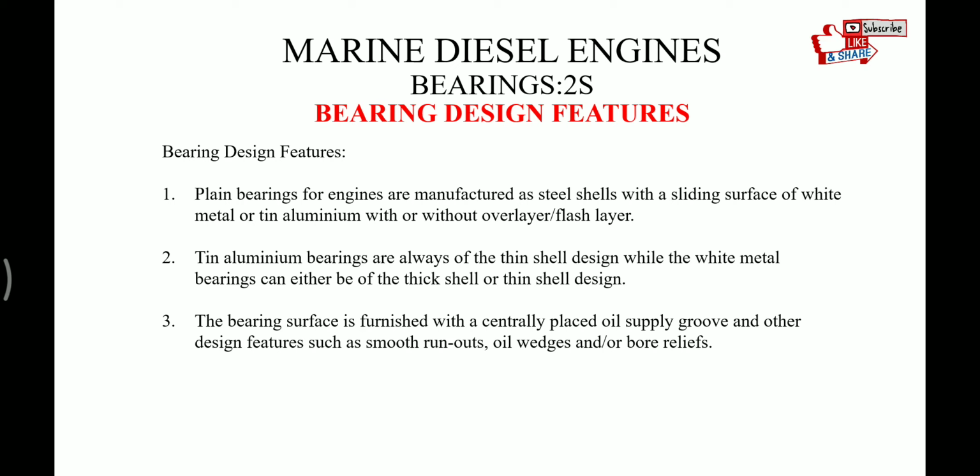The bearing surface is furnished with centrally placed oil supply grooves and other design features such as smooth runouts, oil wedges, or bore reliefs. So these are the design features which we'll discuss in detail in upcoming slides. So let's begin.